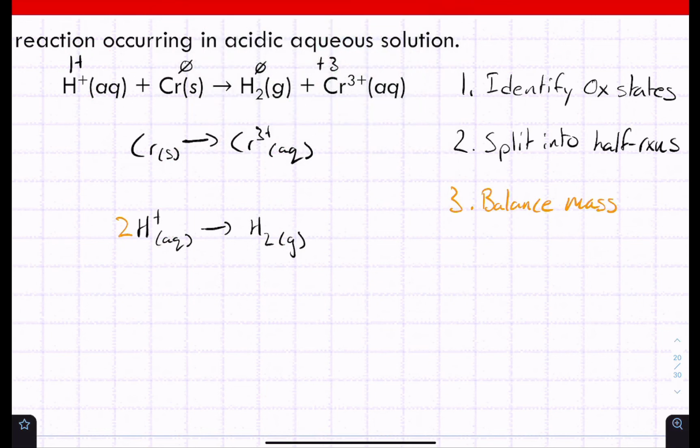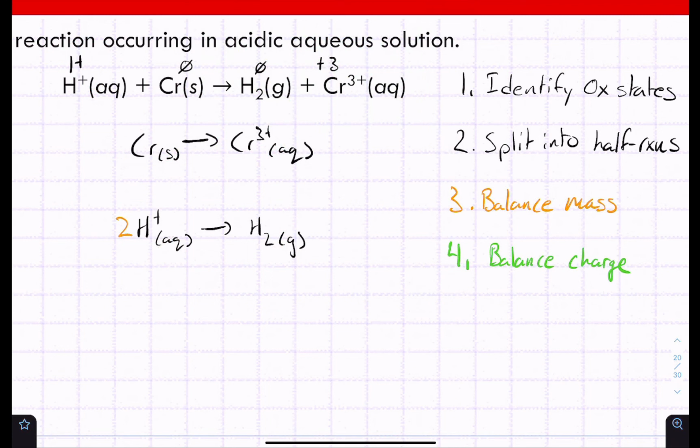And now what do we need to balance next? Electrons, charge. I'm going to put balance charge. And so we're going to add electrons. So where do we need electrons? Chromium, which side? Remember, and this is the confusing part, we're adding negative charges, so we can only decrease the charge on one side or the other.